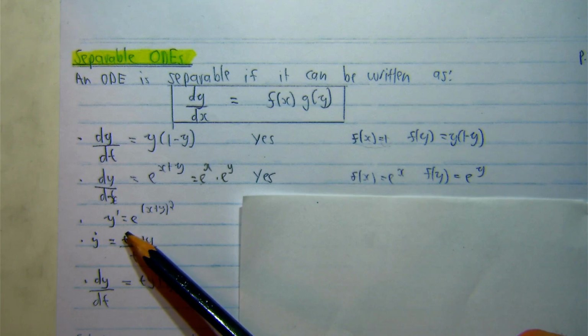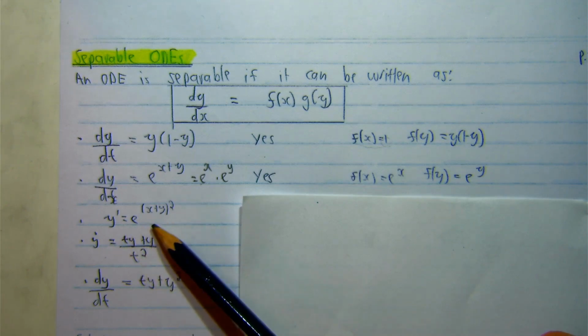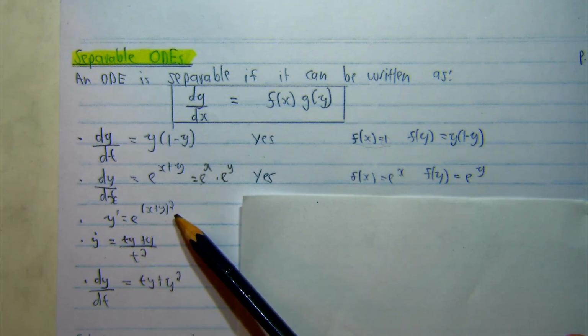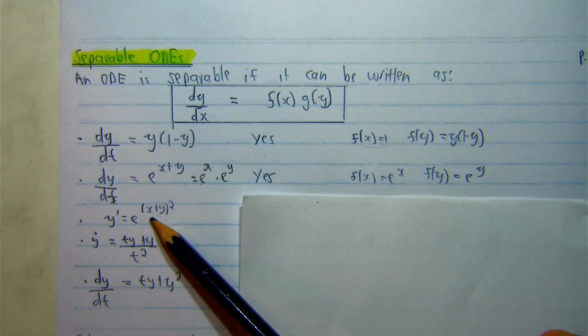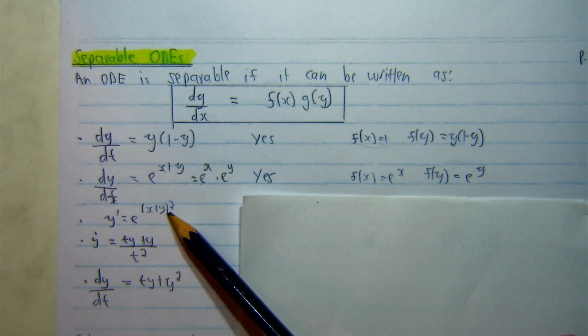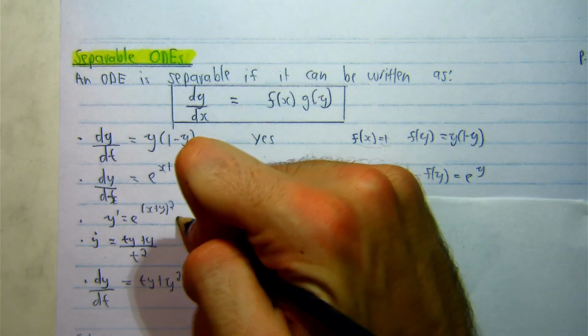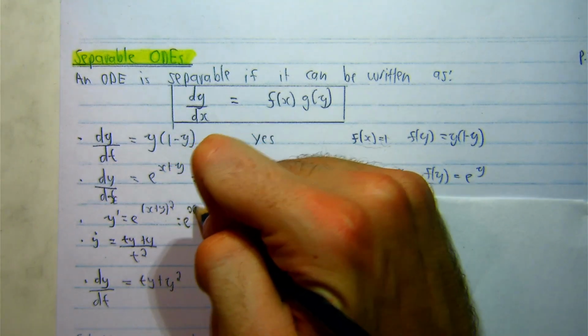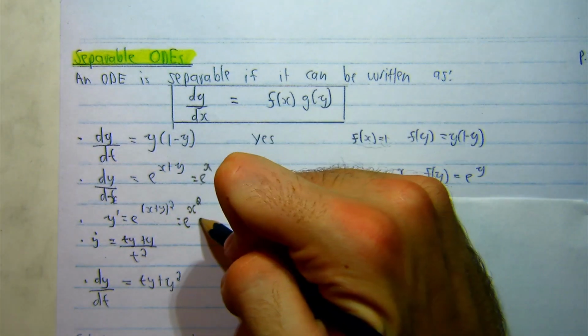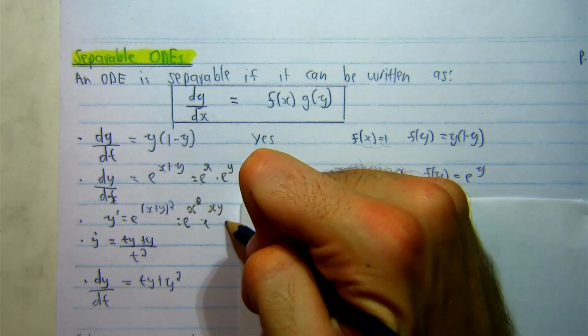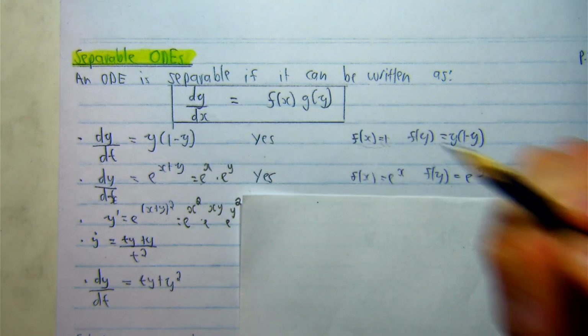Number three, y prime is equal to e to the power of (x plus y) all squared. If we expand that out, we get x squared plus 2xy plus y squared, and that becomes equal to e to the x squared multiplied by e to the 2xy multiplied by e to the y squared.